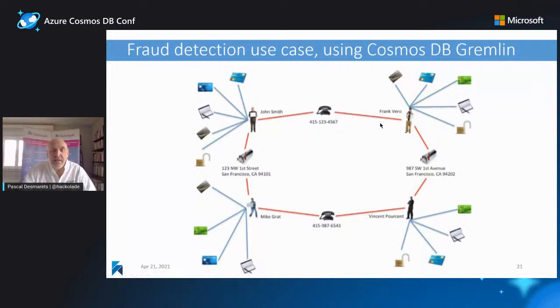And the ringleaders open accounts using these synthetic identities and create new accounts for credit cards and unsecured credit lines, overdraft protection, et cetera.